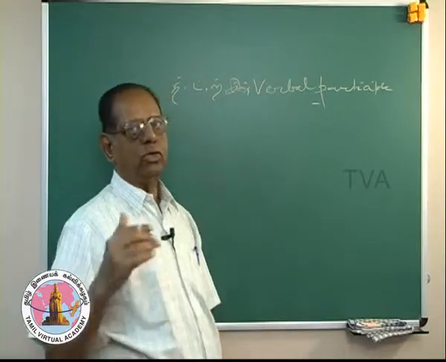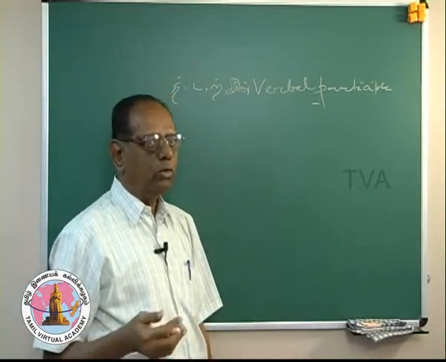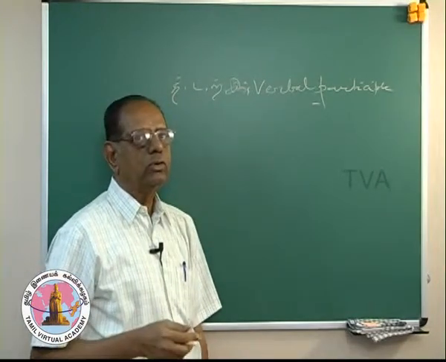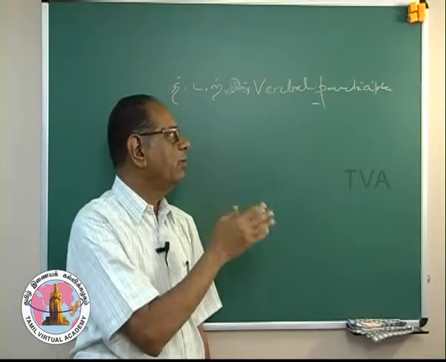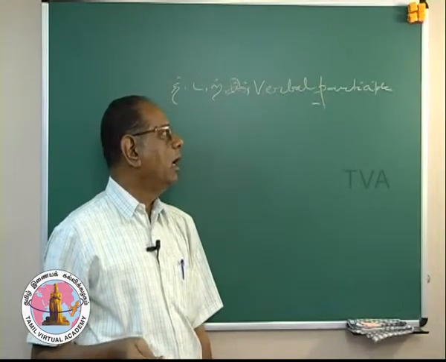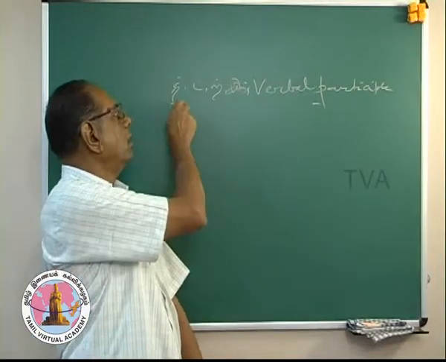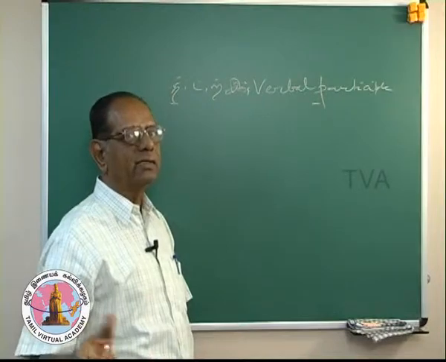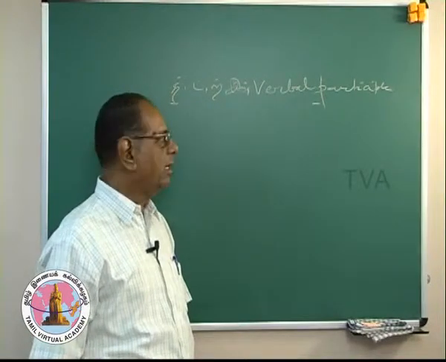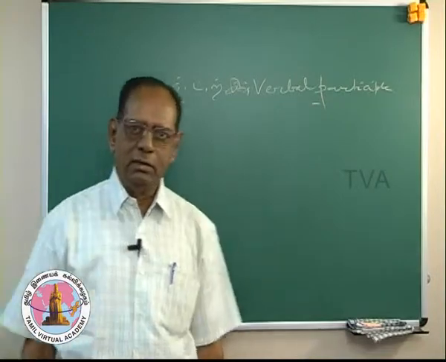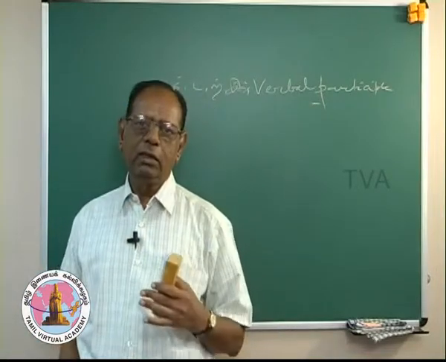And we also saw how these markers are used in the verbal participle formation. We took up each one and then discussed. Let us have a few examples once again so that it will be clear.